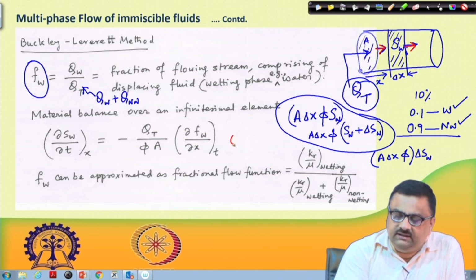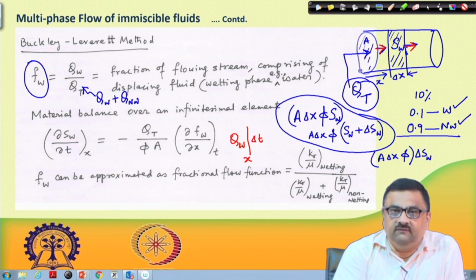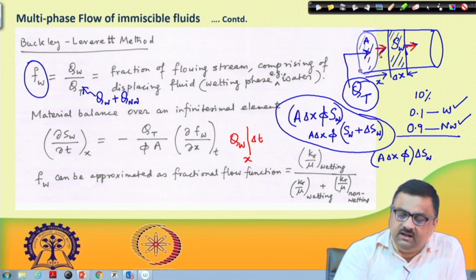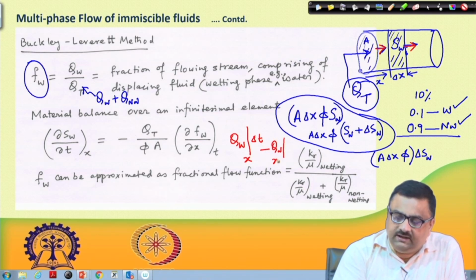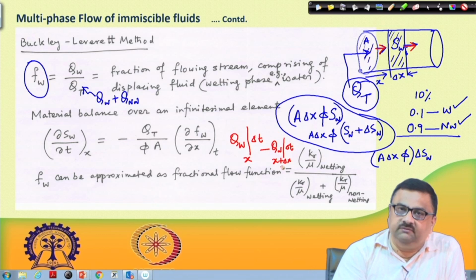In was QW at x multiplied by delta t. Q is the flow rate, meter cube per second, into second. So, this gives me the meter cube of water that has gone in from the inlet, and what has gone out is QW at x plus delta x into delta t, that is the amount that is leaving from the right face. So, we take the difference between these two.